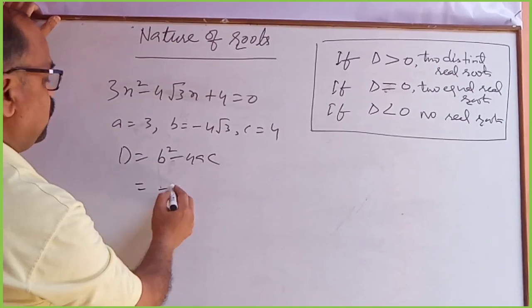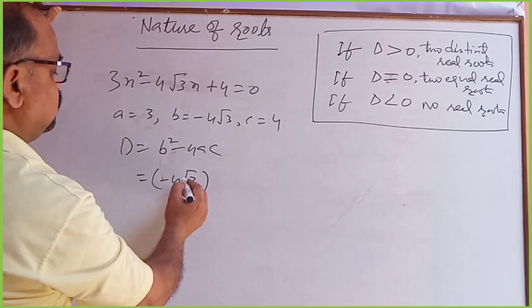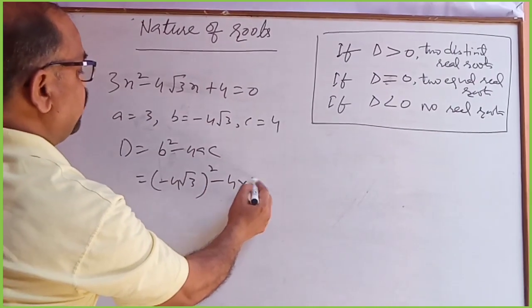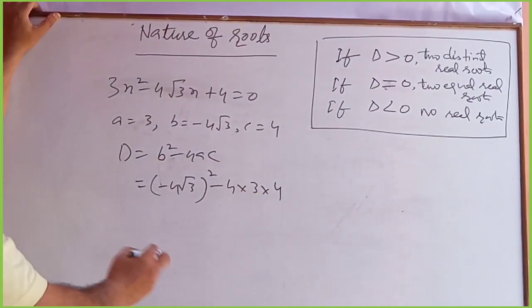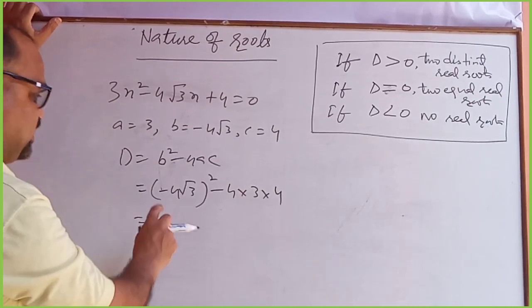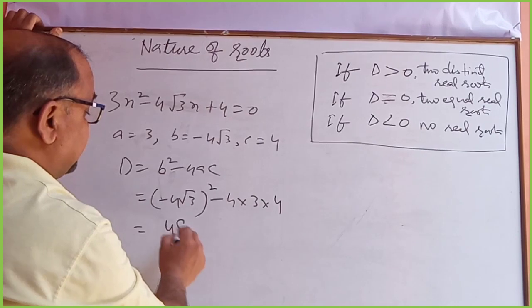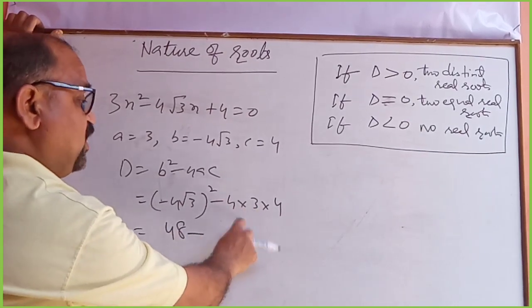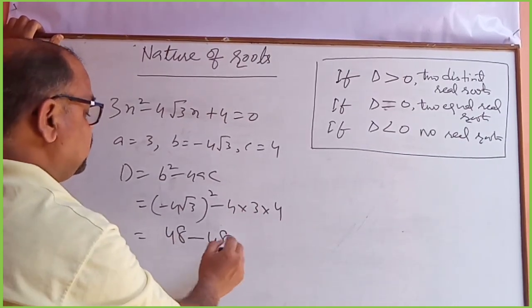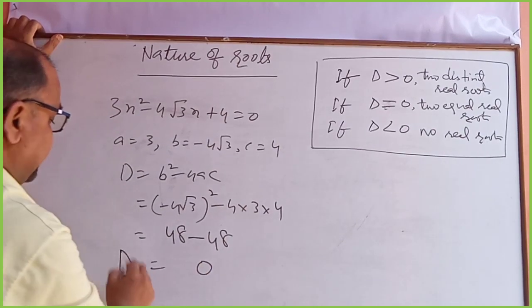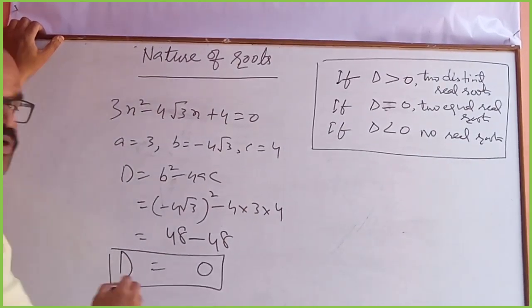Fill the value. -4 whole square into a value into c value. So square of -4 is 16 and square of root 3 is 3. 16 3s are 48. Minus 4 3s are 12 4s are again 48. So what you see here, the value of D is equal to 0.